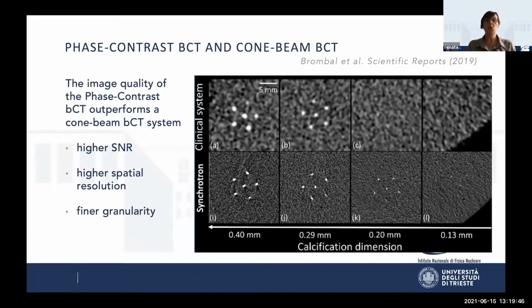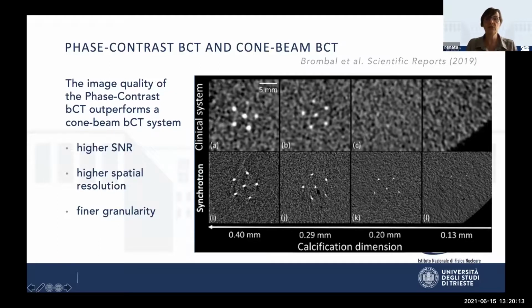We did a quantitative comparison between phase contrast breast CT and cone beam breast CT. Here these are the results. We used a test object developed for breast CT, and we acquired with the same delivered dose at the clinical system and at the synchrotron.